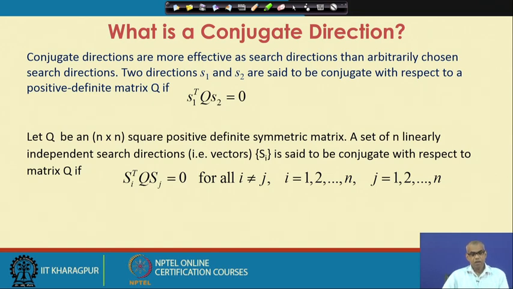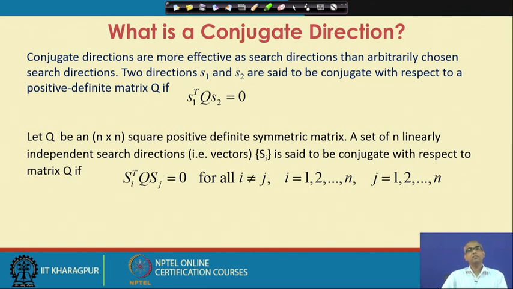Let Q be an n cross n square positive definite symmetric matrix. A set of n linearly independent search directions is said to be conjugate with respect to matrix Q if Si transpose Q Sj equals 0 for all i not equal to j, i equal to 1 to n and j equal to 1 to n.